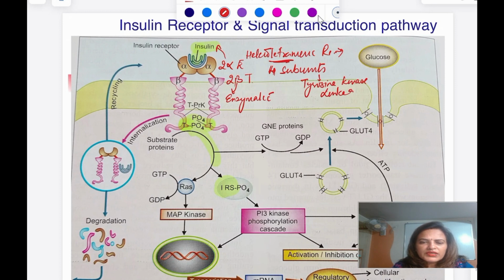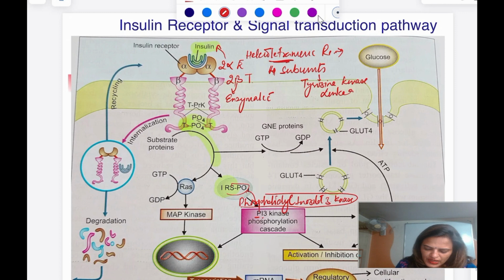Now insulin is going to act mainly at 3 levels. Let me finish this one first. This phosphorylation is going to cause a further phosphorylation of what? It is phosphatidyl inositol 3 kinase, this is not PI3, it is phosphatidyl inositol 3 kinase.